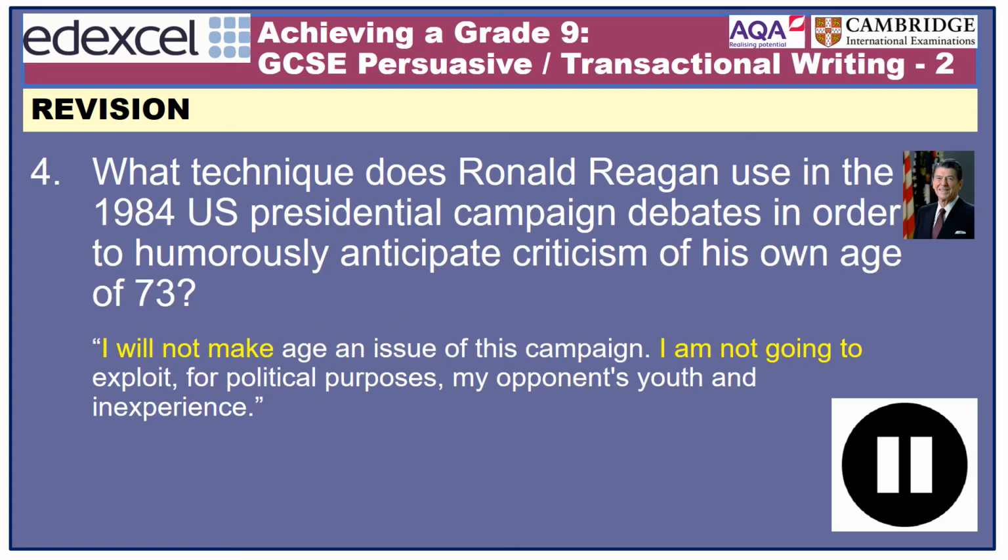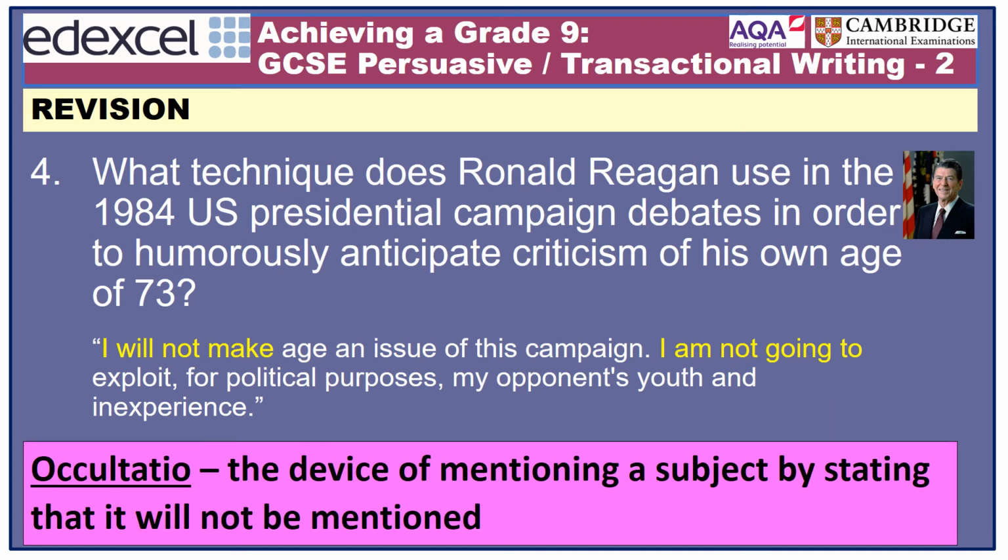Question 4. What technique does Ronald Reagan use in the 1984 US presidential campaign debates in order to humorously anticipate criticism of his own age of 73? Press pause to write down your answer. Occultatio.